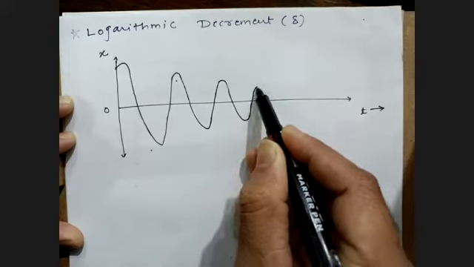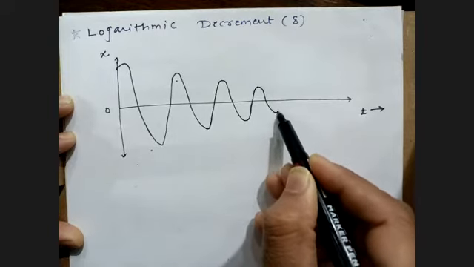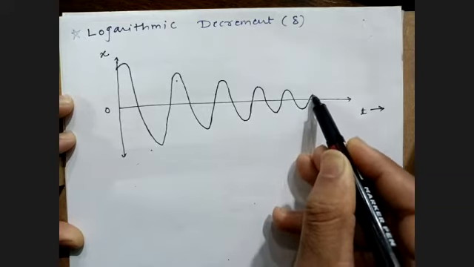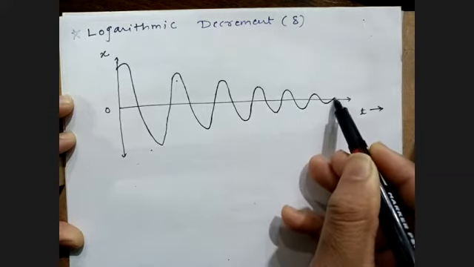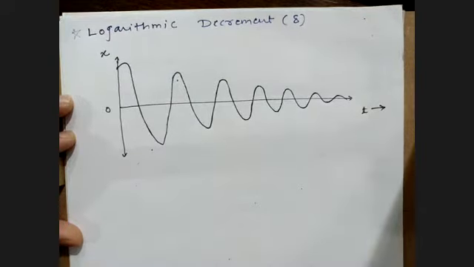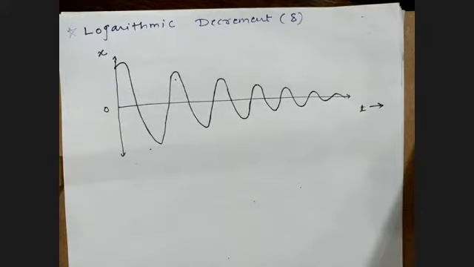It has been reduced gradually. In every cycle, a certain portion of energy has decayed, and the system will finally be in equilibrium like this. So every cycle, a certain amount of reduction takes place.